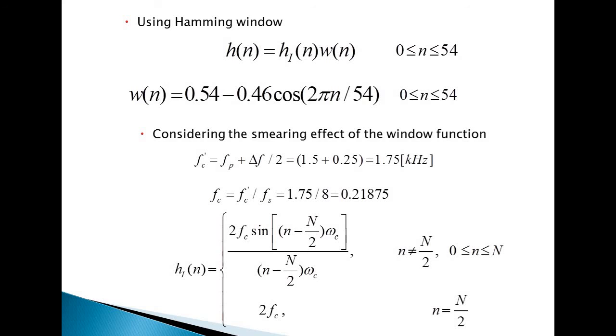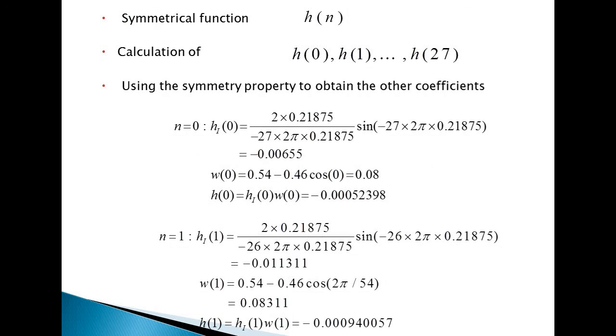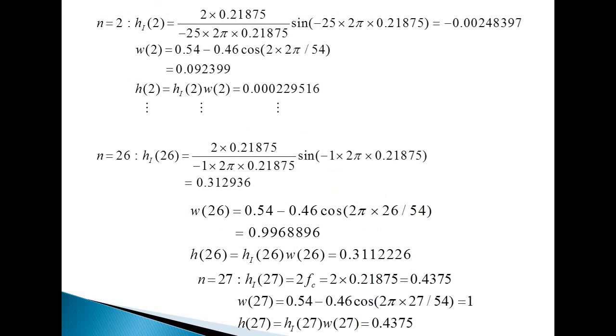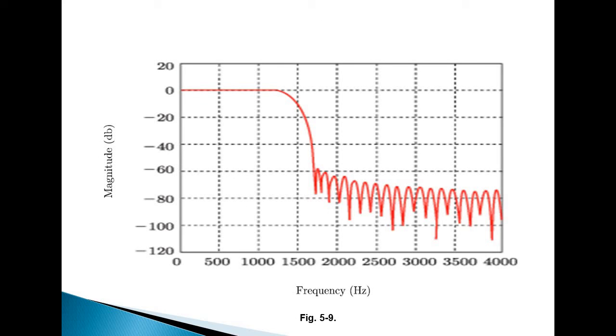Then hd of n, then h of n. Then by using the symmetry property we have to find out the different coefficients for the window. So we have to find out the coefficients and then we can plot the frequency response using the Hamming window.